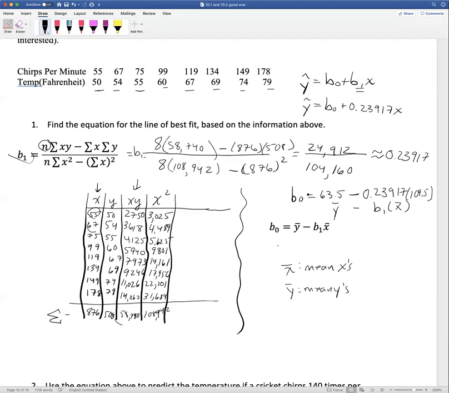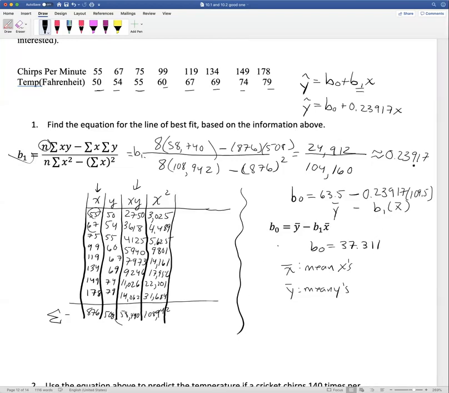Okay, so B naught represents our y-intercept. Okay, so B naught is 63.5 minus 0.23917 times 109.5, and we get 37.311, rounded to 3 decimal places. So B naught equals 37.311.